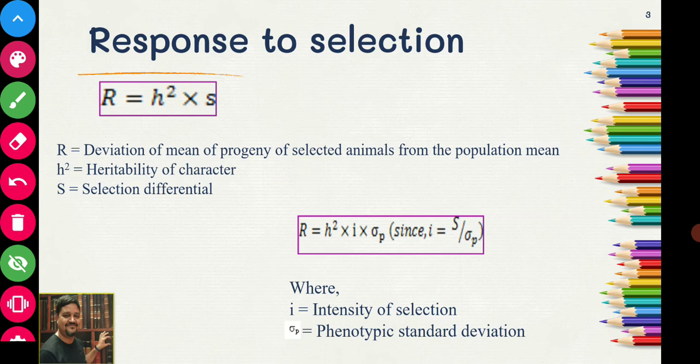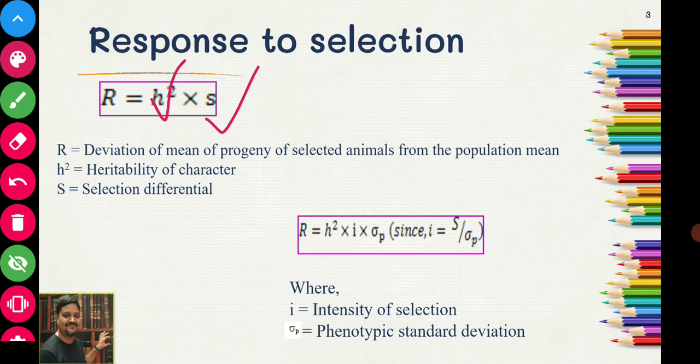It will depend on the heritability. So the response to selection will depend on two things. The first is the heritability of the trait, and the other is the selection differential that we have already seen. So response to selection is equal to h square, that is heritability, into selection differential.